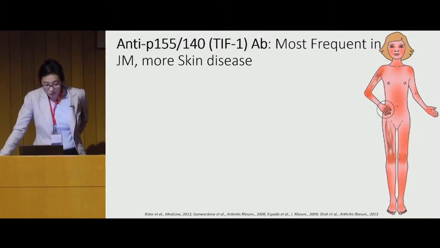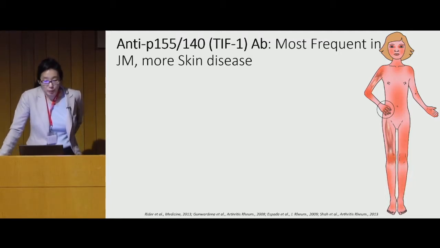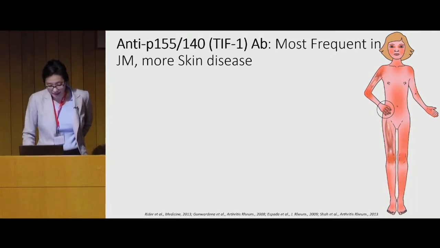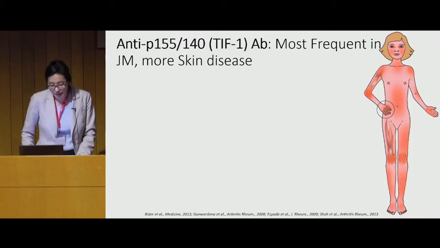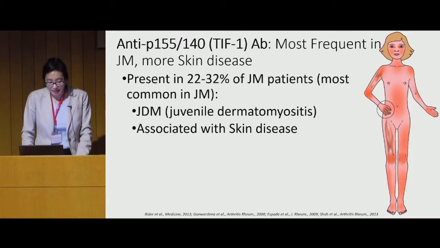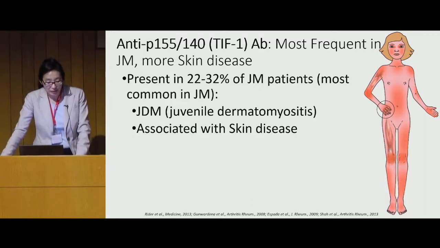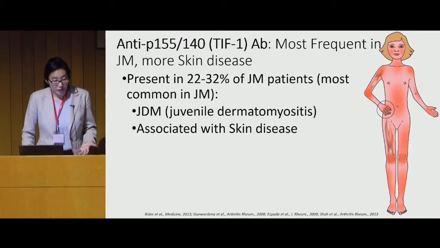So anti-TIF1, which has also been called P155-140, is the most frequent MSA in juvenile myositis. If it had one characteristic, it would be that it was more associated with skin disease. It's present in 22 to 32% of juvenile myositis based on different studies. Most associated with juvenile dermatomyositis, so with the skin features.